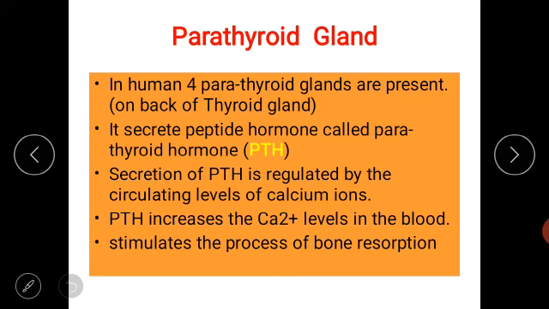The secretion of the parathyroid hormone is totally dependent upon the calcium ions. If the required amount of calcium ions is present in the circulation, then the secretion of parathyroid hormone is facilitated. Parathyroid hormone increases the Ca2+ levels in the blood.